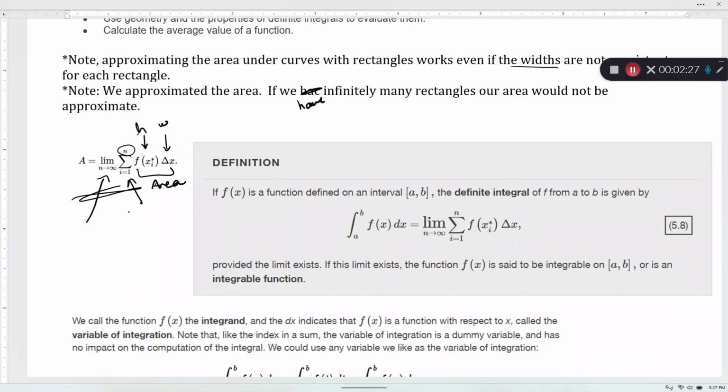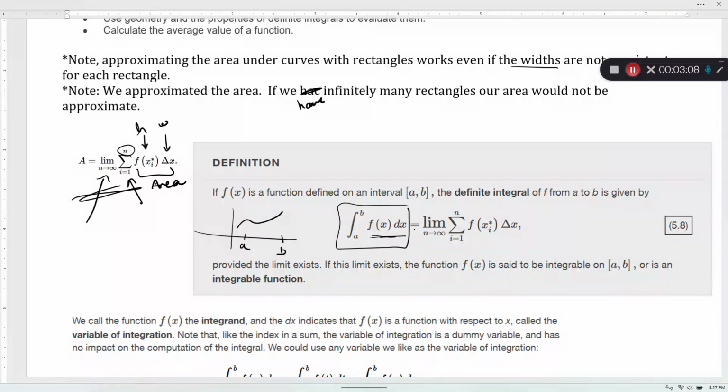And then we also have the definition here of a definite integral. If you picture this notation, we learned that the limit of a sum was an integral. So what I am doing here is looking at the sum from A to B of a function, right?